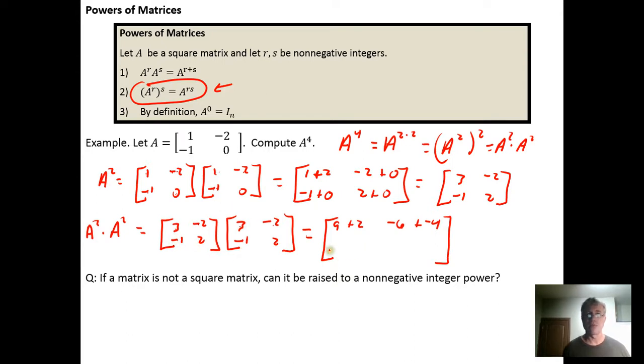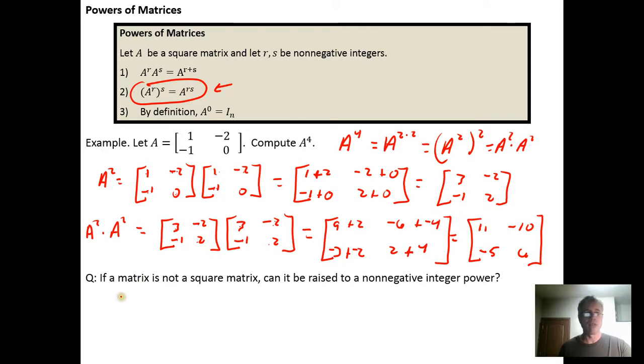Negative 1 times 3 is negative 3, plus 2 times negative 1 is negative 2. And then negative 1 times negative 2 is 2, plus 2 times 2 is 4, and then simplify that. So we get 11, negative 10, negative 5, and 6.